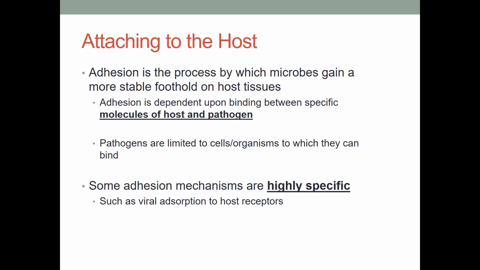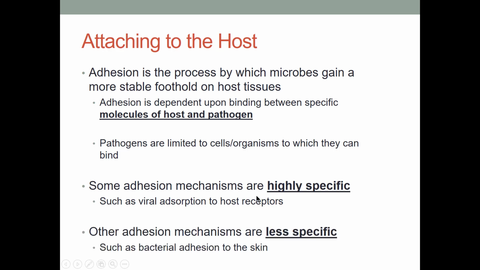Some are highly specific, such as viruses, where you have the specific virus spike and the host cell receptor, the glycoprotein. Some are less specific, such as how bacteria might use things like fimbriae or pili, which are fairly generic, to attach to any kind of general cell in the body that provides a favorable environment, such as in the intestinal tract. So something like a virus is highly specific, while something like a bacteria is generally less specific.